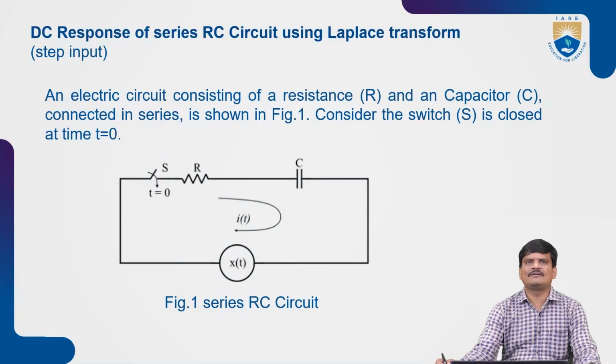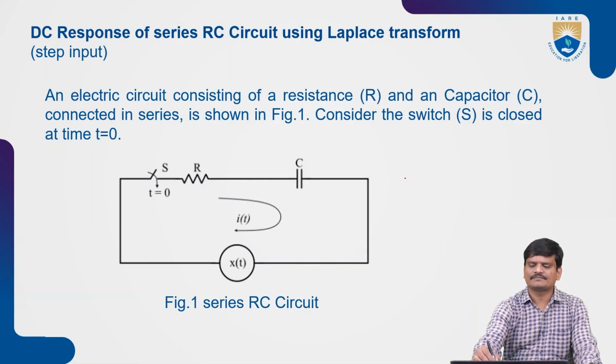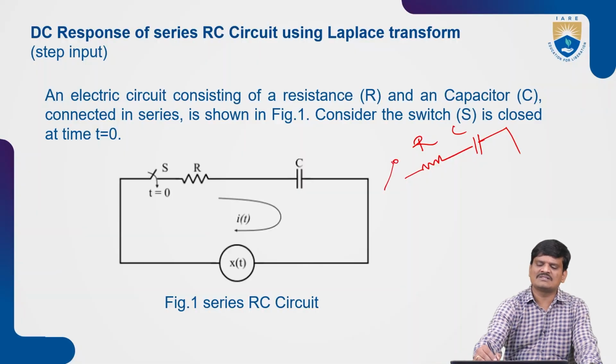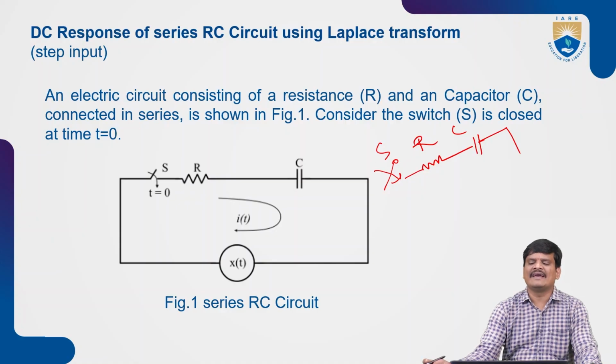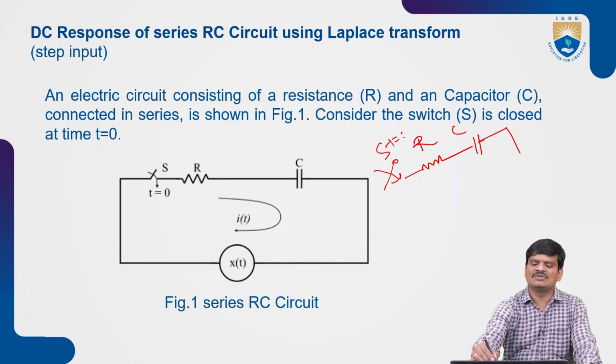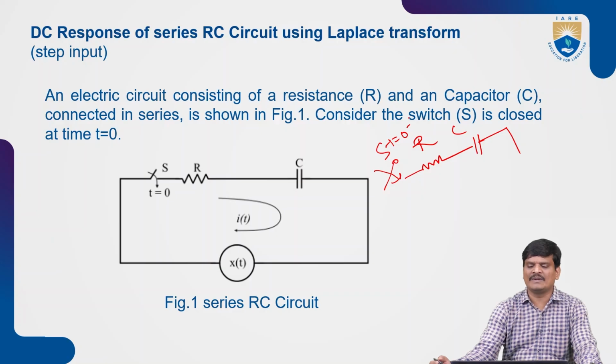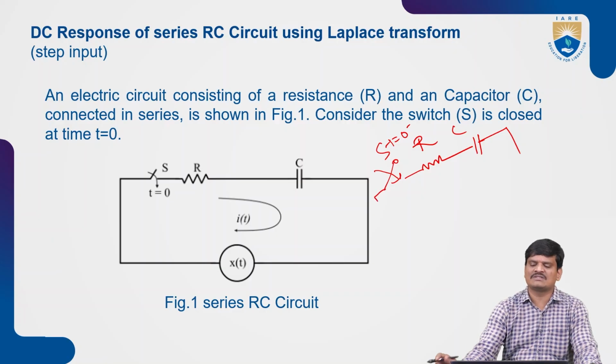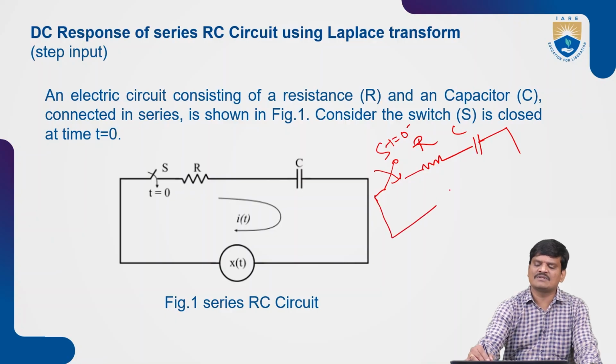First we will go with the circuit diagram representation. As it is a series RC circuit, let me take the resistance R and also the capacitance C, and connect both the elements in series. As I am trying to calculate the response, let me connect a switch and name it S, and initially at t equal to 0 minus, let me say that the switch is open. To calculate this response by using a Laplace transform, I need to apply an input, and for this I am applying a step input.